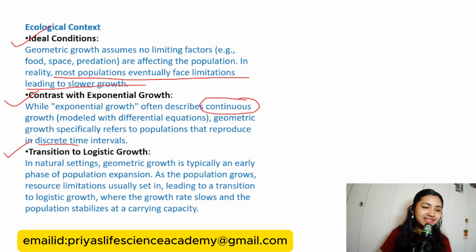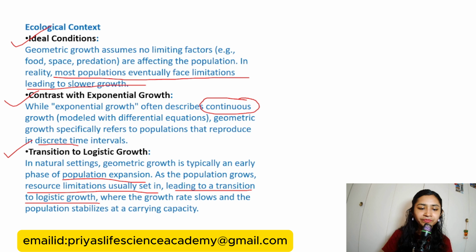And then there is the transition to logistic growth. In natural settings, geometric growth is typically an early phase of population expansion. As the population grows, resource limitations usually set in, leading to a transition to logistic growth.